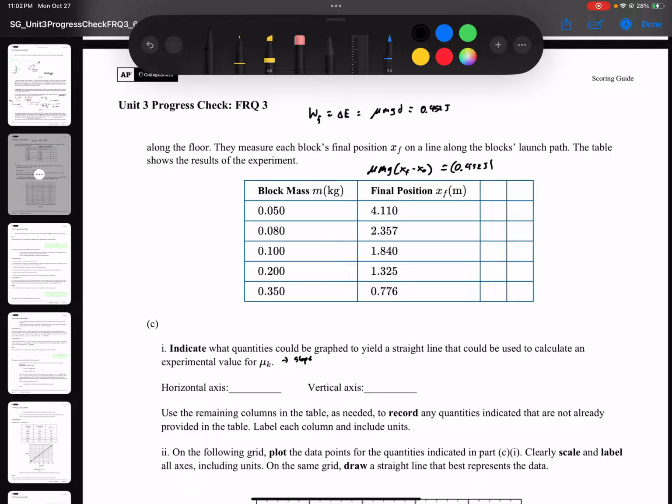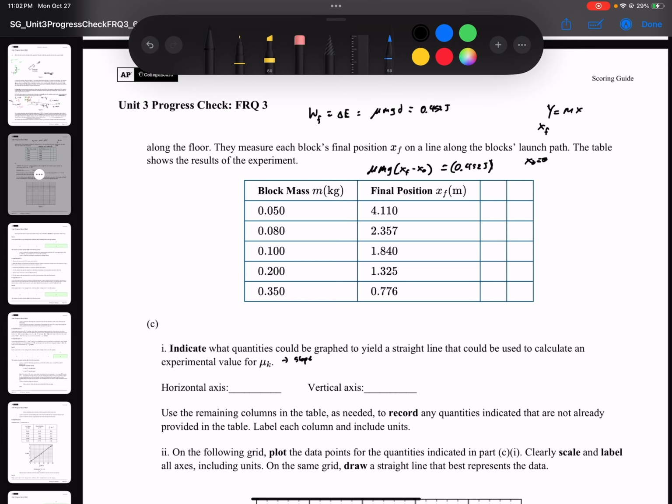So here, I need to set up my independent variable, which is going to be the mass, but I need to set it up in the form of the equation for a line, okay? So I'm going to put xf here as my dependent variable. And for the sake of time, I'm going to say x naught is 0.